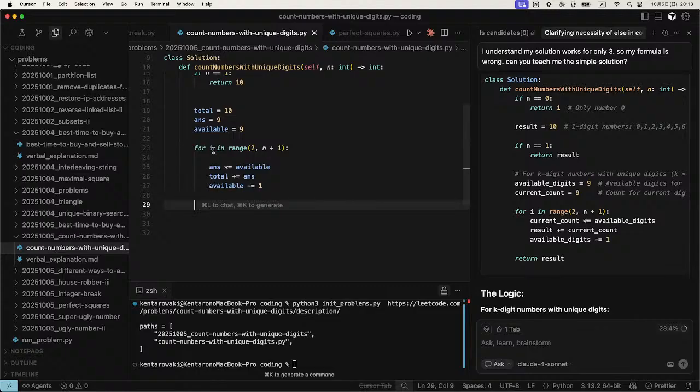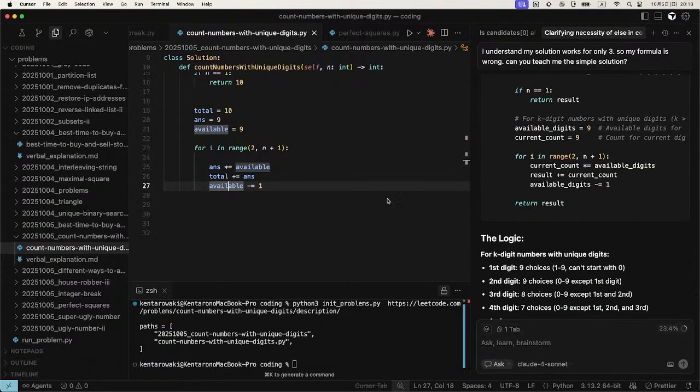So every time we choose a number at a digit, the available options decrease. Okay, so we return total.